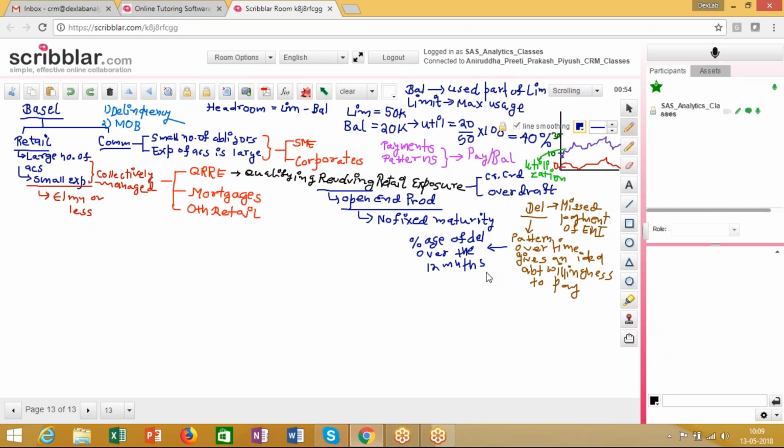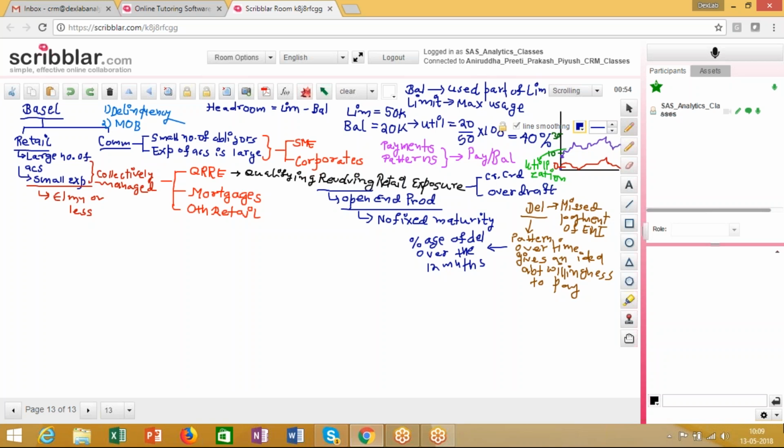So, for example, the greater the percentage of time an account has been delinquent in the last 12 months, the greater the chances of the borrower defaulting in the next 12 months. If a borrower has been delinquent say four or five times in the last 12 months, there is always a higher chance that this borrower would go into default, become delinquent and never recover.